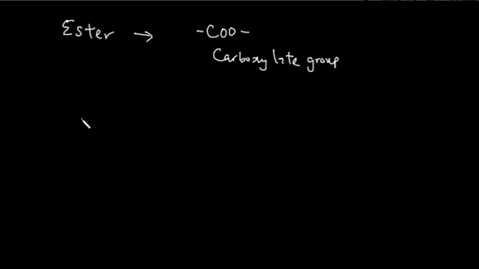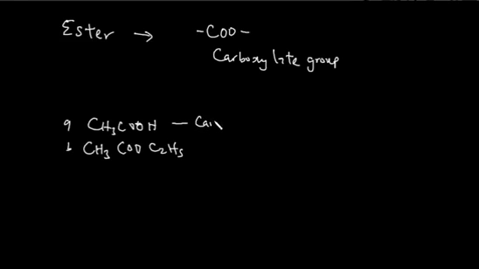If I write CH3COOH and CH3COOC2H5, which one is a carboxylic acid? Which one is an ester? A or B? A is carboxylic. Exactly. Then B is ester. Are you getting what I'm saying?